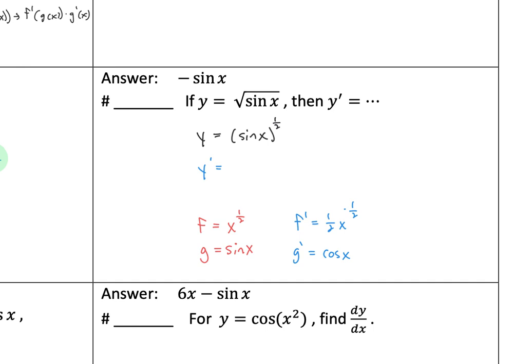Basically, just rewrite f prime, no matter what it looks like, but replace this x with sine x. So this is that, but instead of x, we write sine x. Then we multiply that by the derivative of g, which is cosine x.